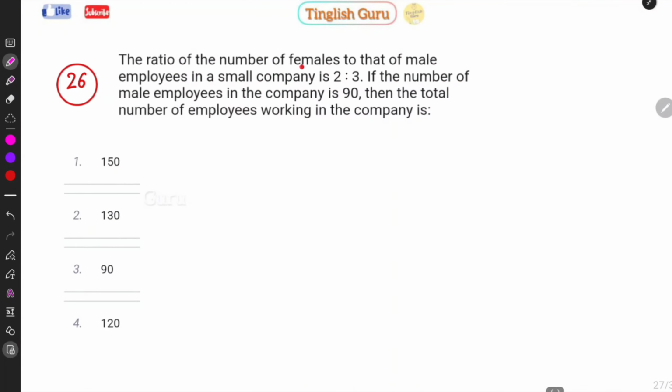Next bit. Here the ratio of number of females to that of males is given and the number of male employees is also given. Then the total number of employees they are asking. So what is the ratio, male is to female? Sorry, here it is given female is to male is equal to 2 is to 3, and the number of male employees value is given.